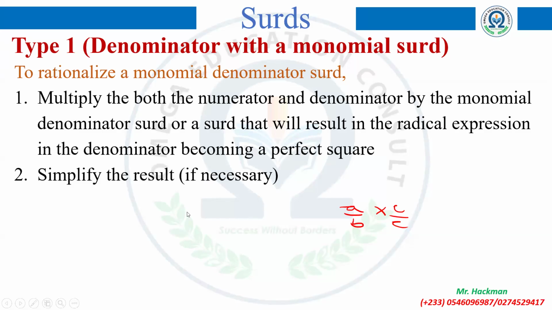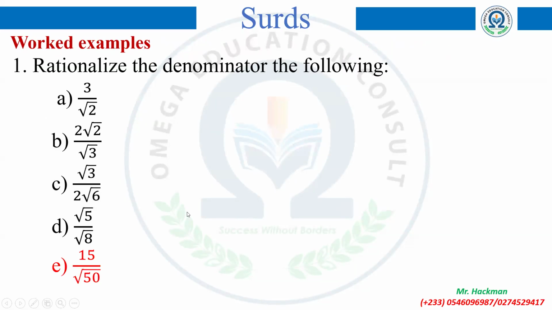So quickly, let's go and look at the following worked example. It's not difficult. So you know exactly what goes on inside your calculator to give you the results of this. So let's look at it: rationalize the denominator of the following. You could just say rationalize the following.